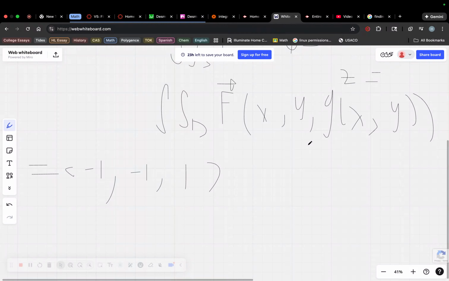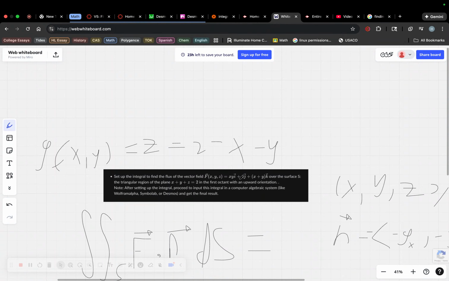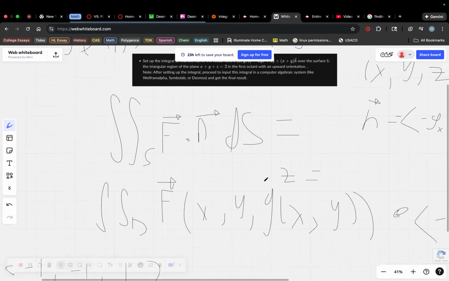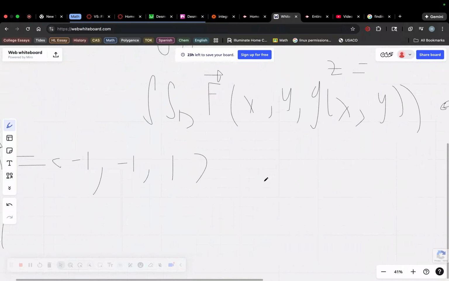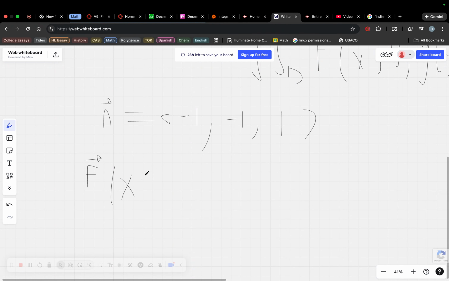Now we have to plug into this. So f, and this, we can see right here: we have xy, z, and x plus y, but we want the whole thing in terms of x and y. So x, y, comma, z, x plus y.